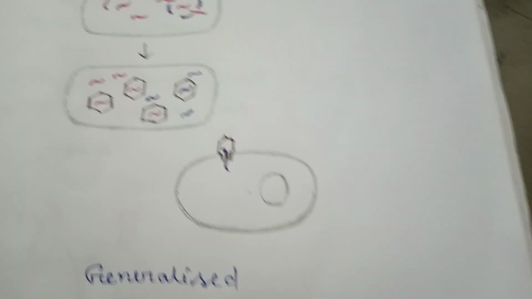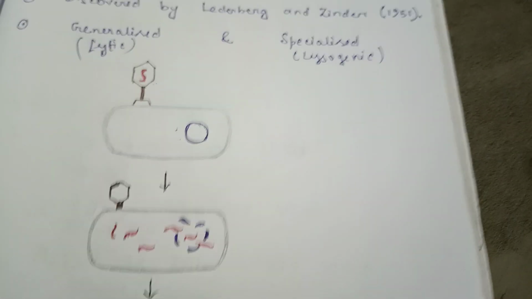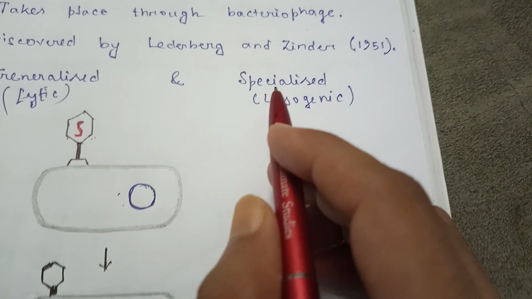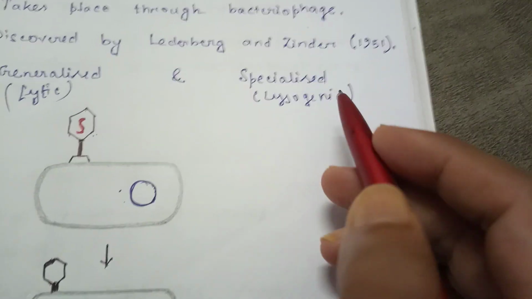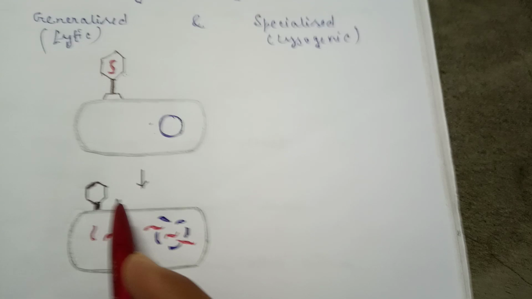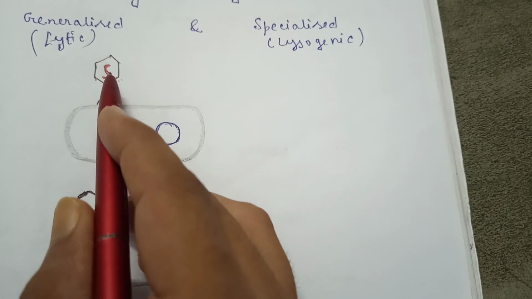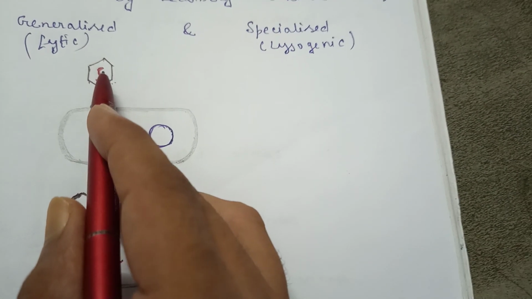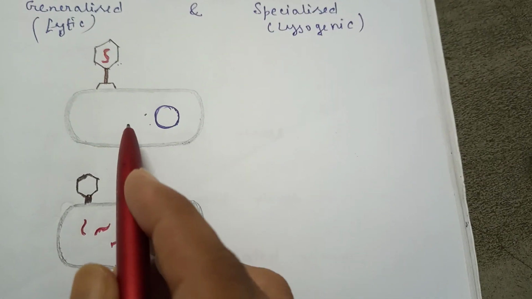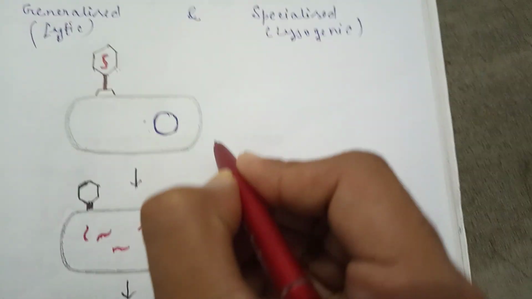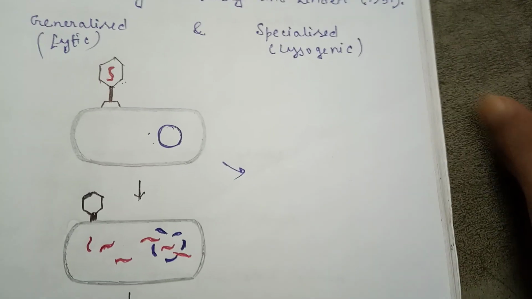Now in the case of specialized transduction, I have told you that it occurs during the lysogenic cycle of the phage. So here you can see this viral DNA is going to be inserted in the bacterial cell, right?